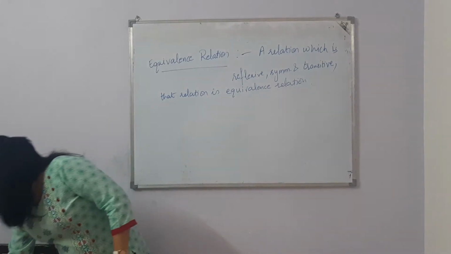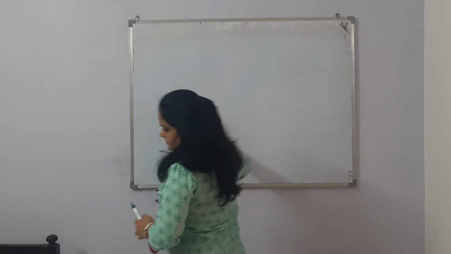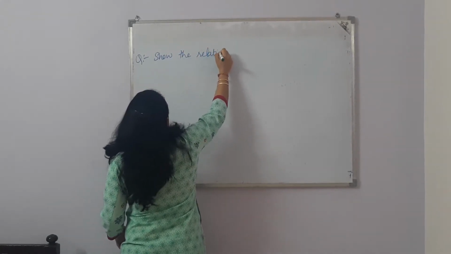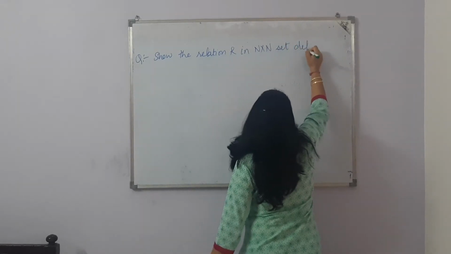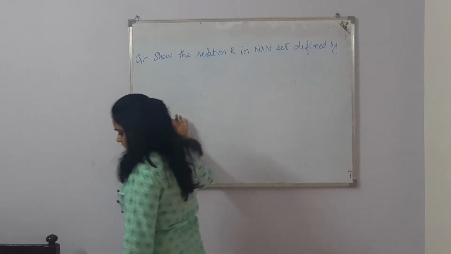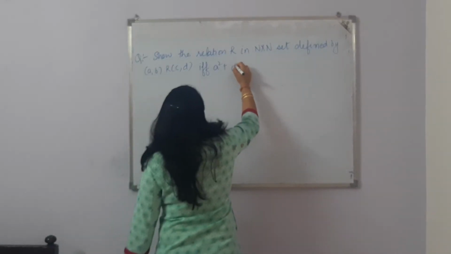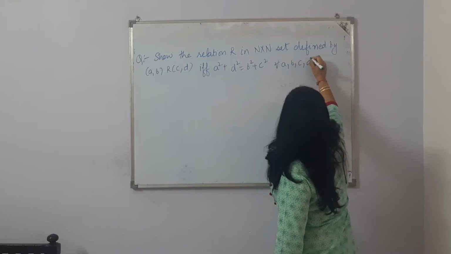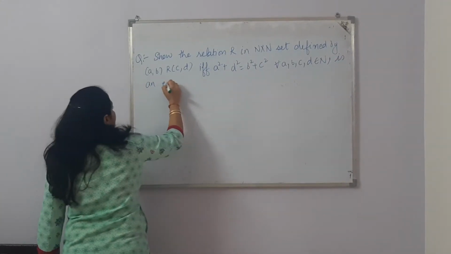Let's do one question related to this. Show that the relation R in the set N cross N defined by (A, B) related to (C, D) if and only if A squared plus D squared equals B squared plus C squared, for all A, B, C, D belonging to natural numbers, is an equivalence relation.